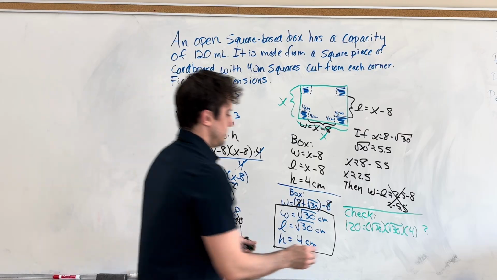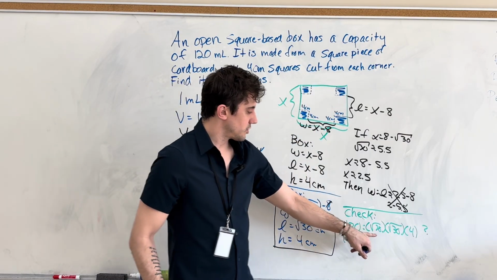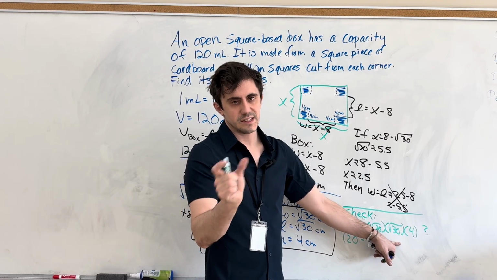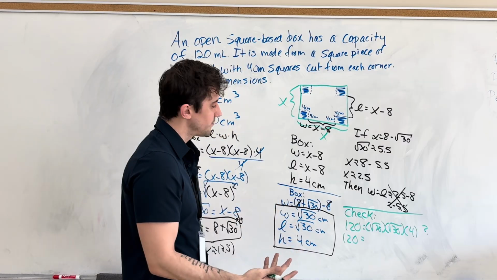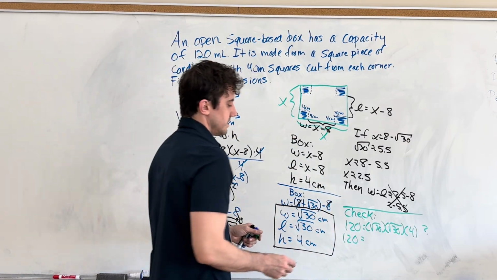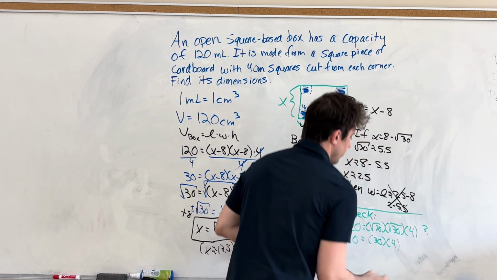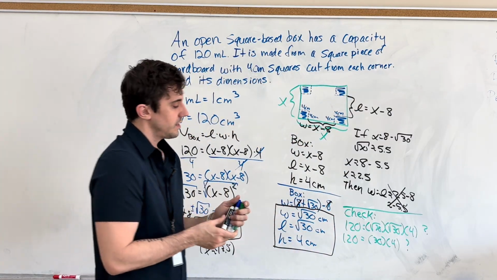Let's verify that it is. We have square root of 30 times square root of 30, right? The square root of anything times itself is the thing we're taking the square root of, right? And so root 30 times root 30, obviously, is 30. So that's 30 times 4. And is 120 equal to 30 times 4?